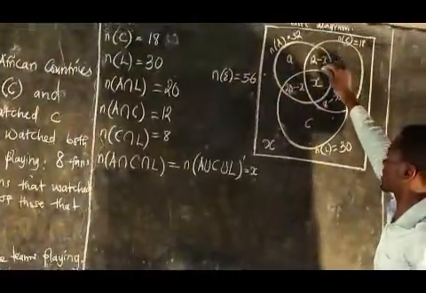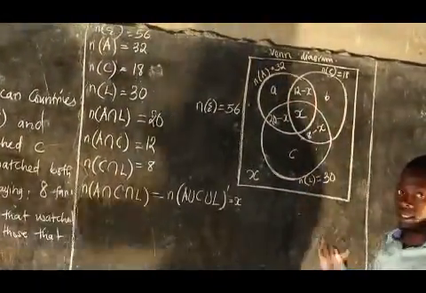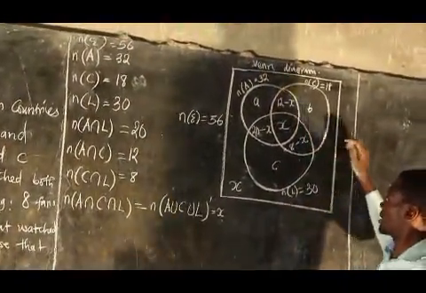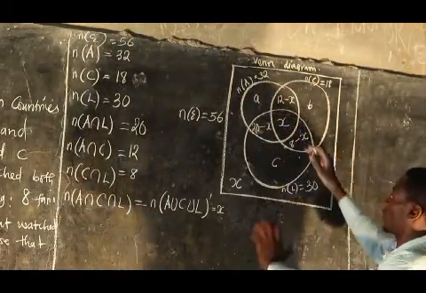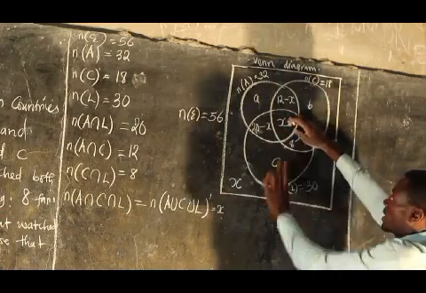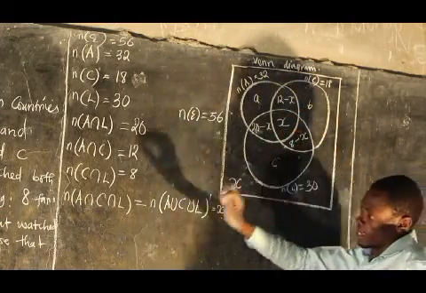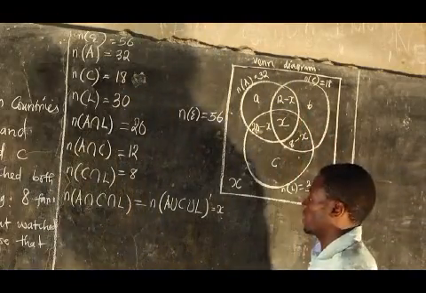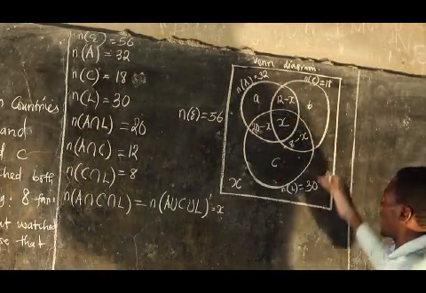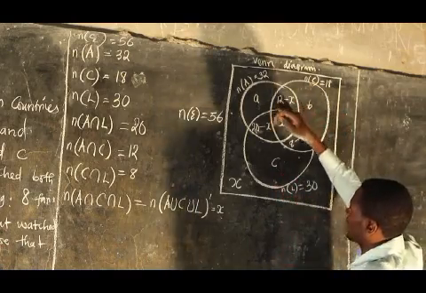They want the intersection part. This intersection part is got by calculation, such that we obtain the value of x. The value of x is going to give us the fans who watched all the three teams playing. Now, how are we going to obtain this one?